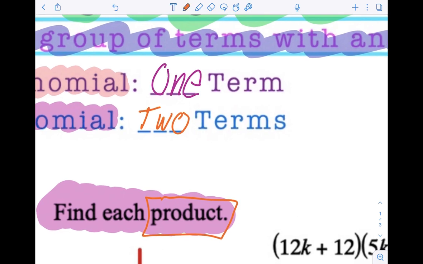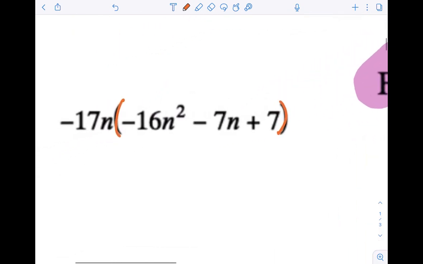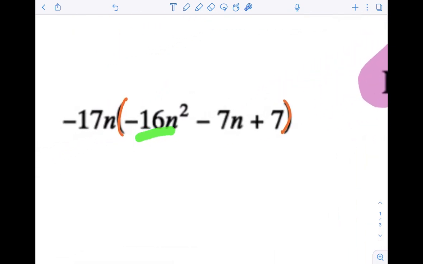See, even I got this right. One term is a monomial, right? A binomial is when we have two terms. So here, how many terms do we have? 1, 2, 3 terms. That's what we call a trinomial, everybody, because it's 3 terms, right?